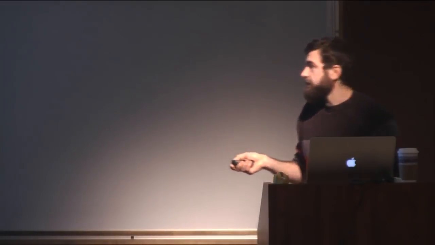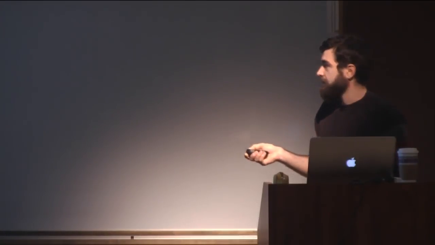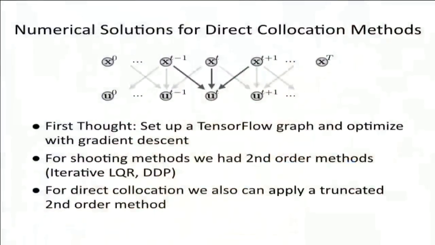But we saw that for shooting methods, we have second-order approaches that tend to work a lot better in practice than gradient descent. So we've looked at LQR, and in particular iterative LQR.